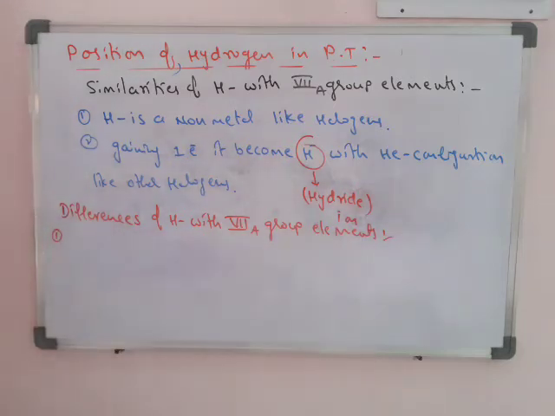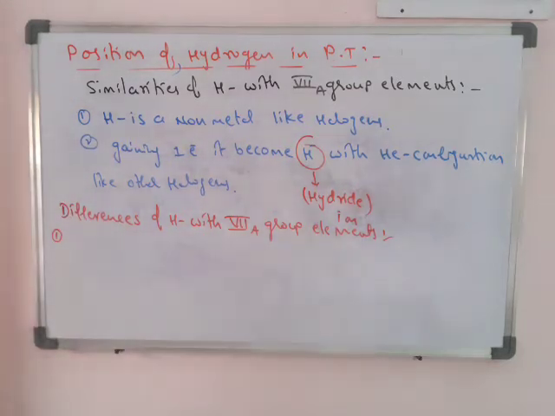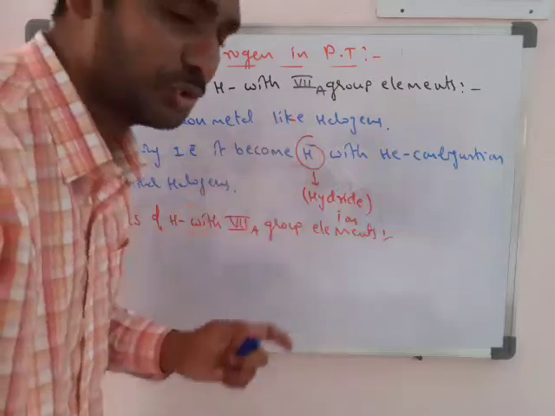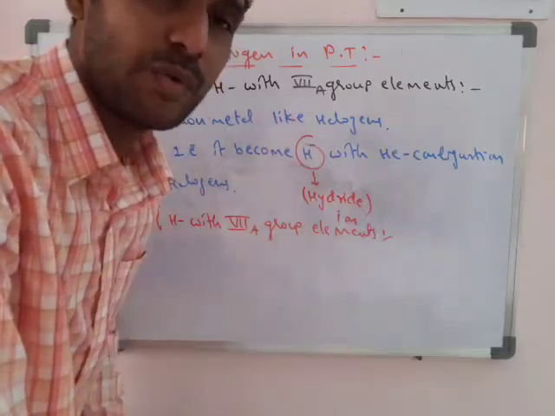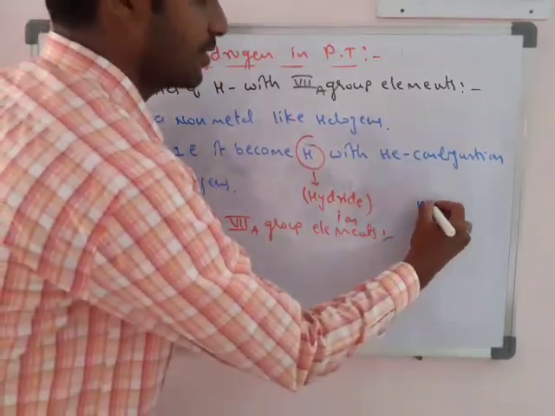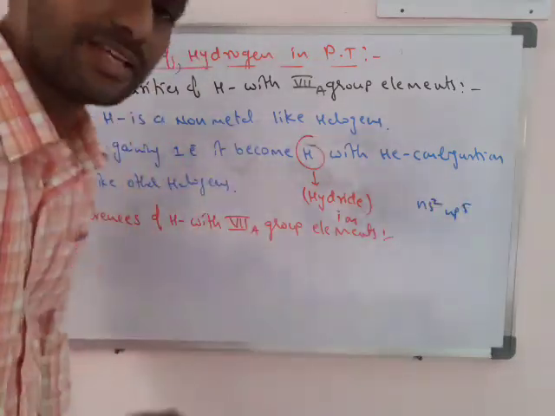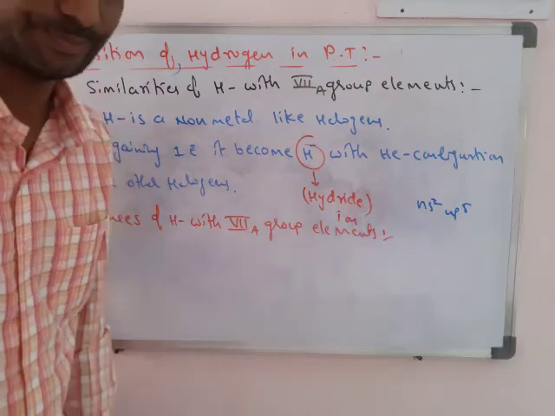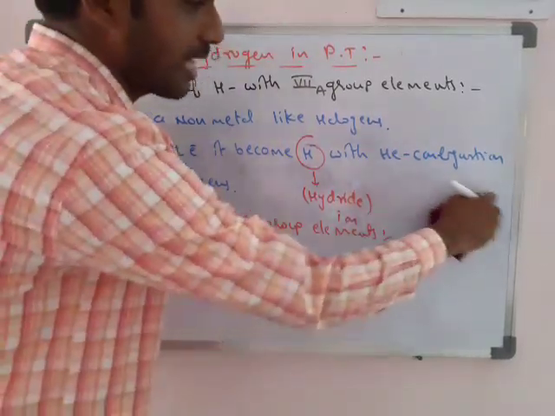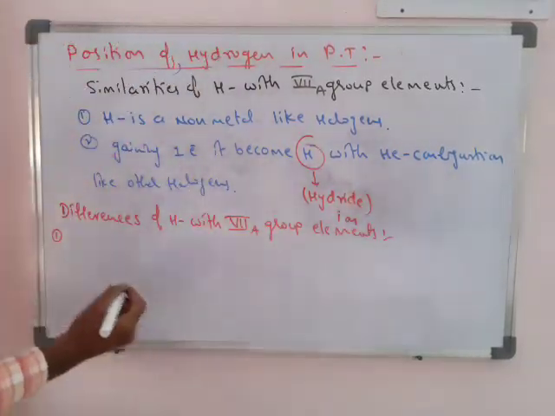So what is the main difference? It is electronic configuration. All halogens, the 17th group, nothing but 7th A, have a general electronic configuration. What is their general configuration? ns2np5. So there are 7 electrons present. But hydrogen has only 1 electron, that is 1s1.